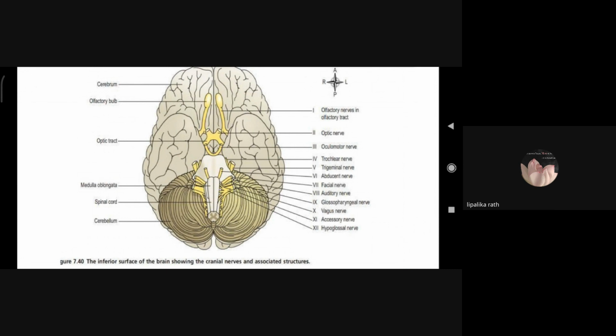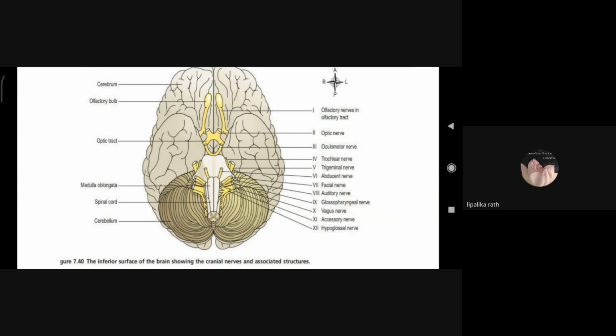Second is the optic nerve, associated with vision. Third is the oculomotor nerve. It is also associated with vision, with the rotation of the eyeballs. The name itself signifies it is a motor nerve.